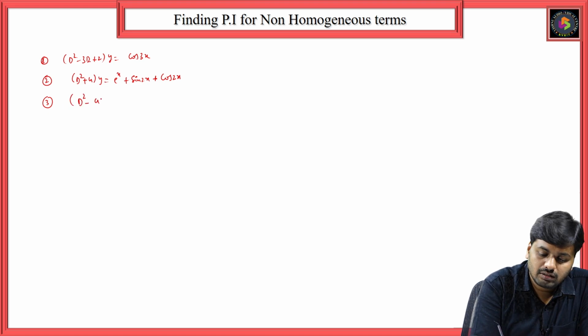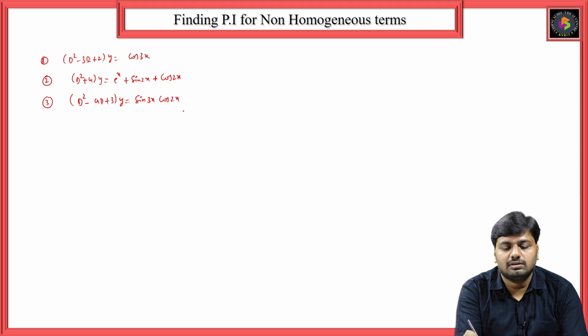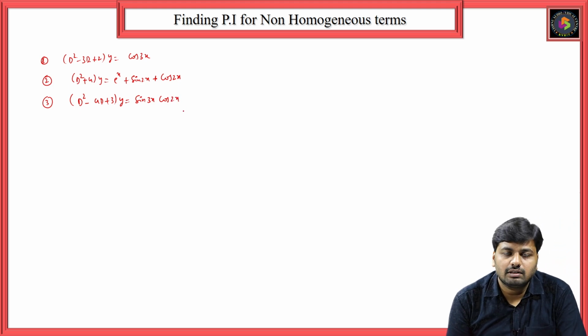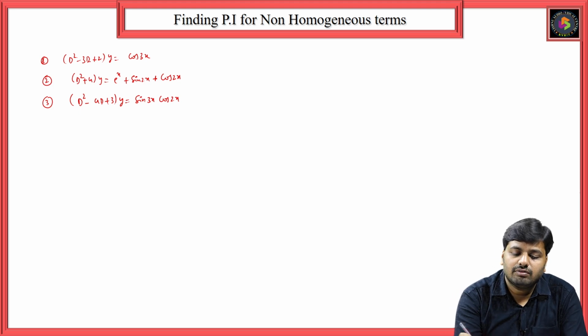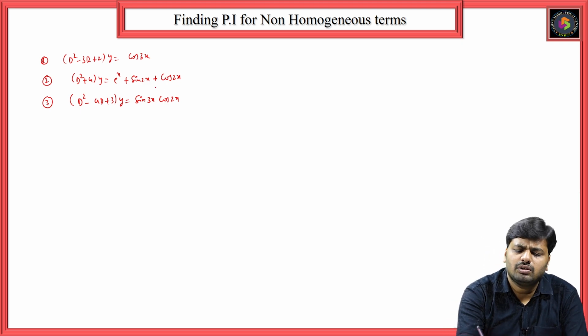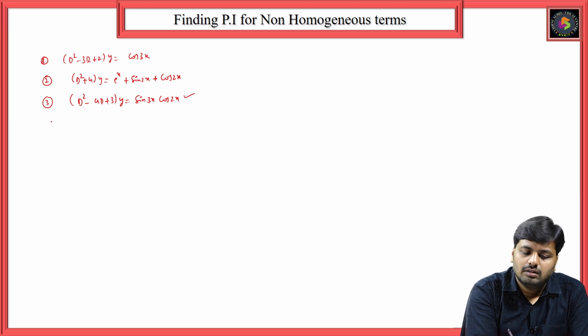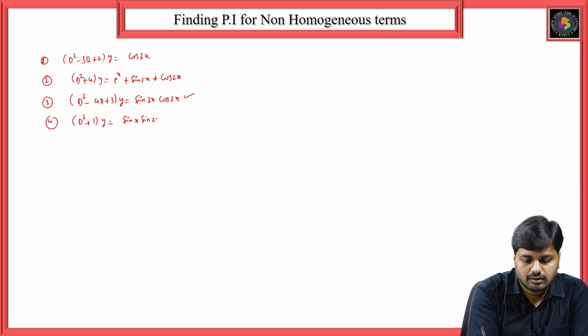D square minus 4D plus 3 of y equal to sin 3x into cos 2x. Here you have to follow this. We don't have a direct method for sin a into sin b or sin a into cos b. So here we have a formula, sin a sin b, we can write as sin a plus b and sin a minus b. Then you can follow this for this case. The fourth model is also the same, like D square plus 1 of y equal to sin x into sin 2x.